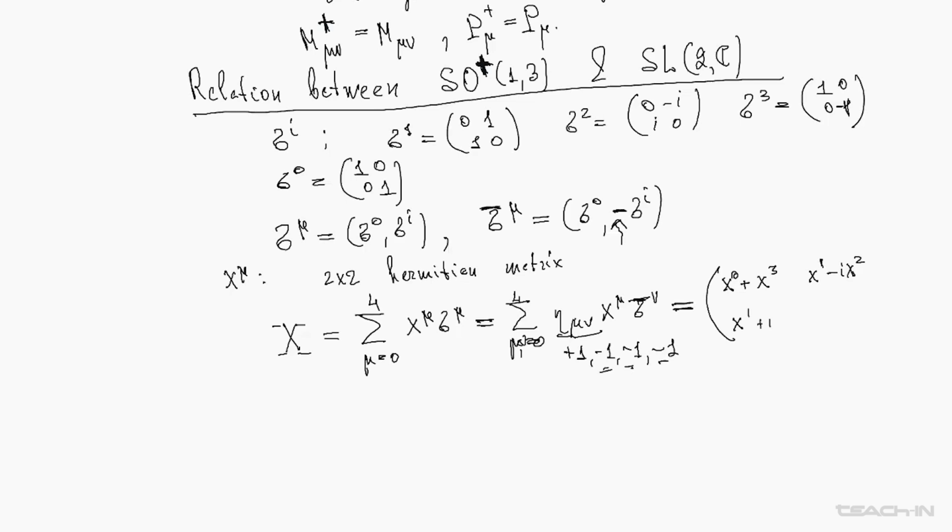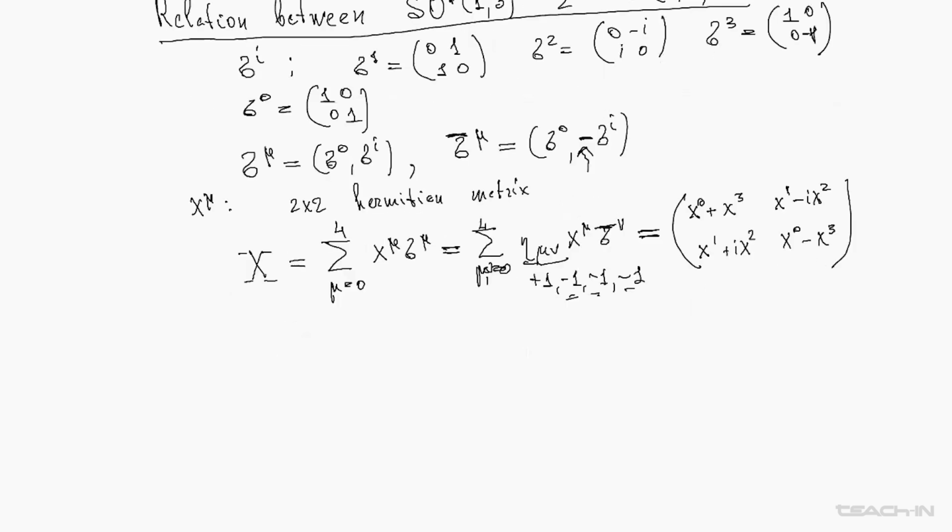This is how the matrix X looks, and it's easy to see that since x mu are 4 real variables, this matrix is Hermitian, meaning that under Hermitian conjugation it stays invariant.